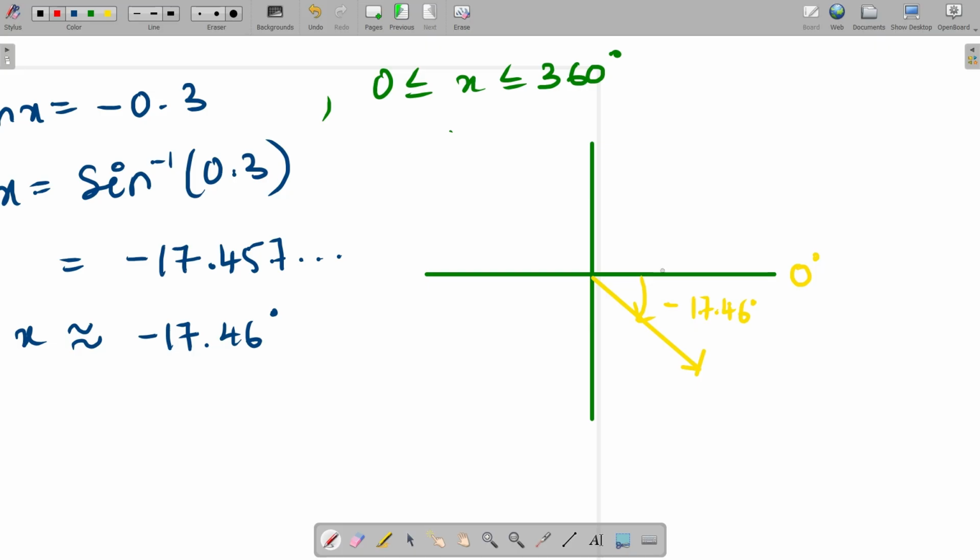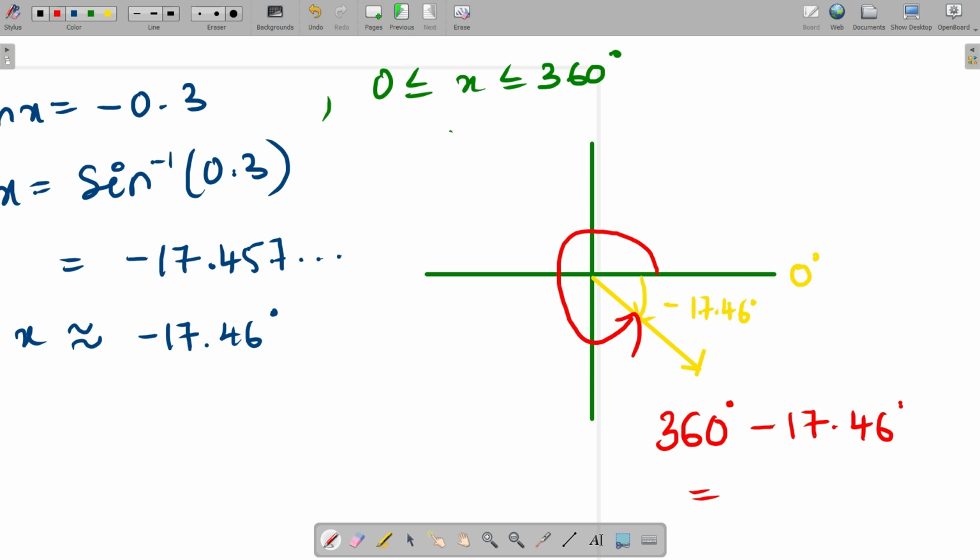So when we measure anti-clockwise from 0 degrees, if you notice, it's just 17.46 away for me to make one full cycle. So how do I find this angle? It will be 360, because the angle around a point is 360, minus 17.46 degrees.